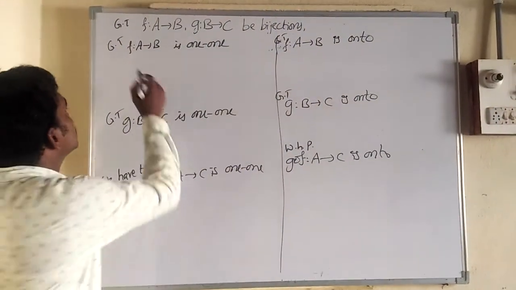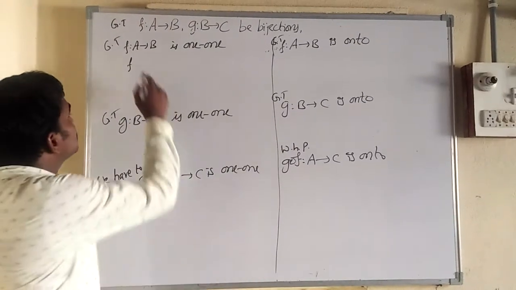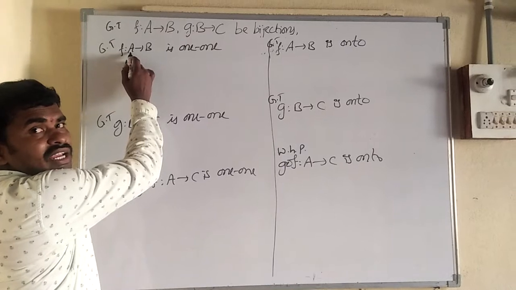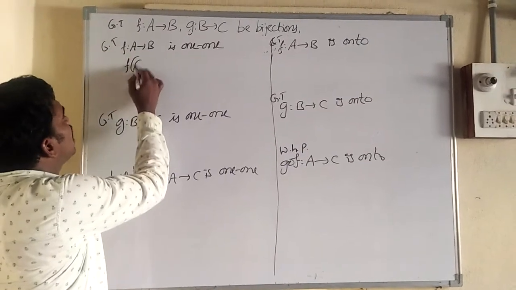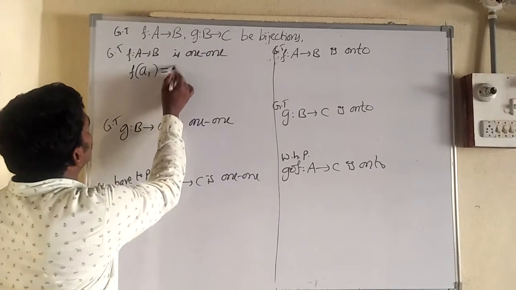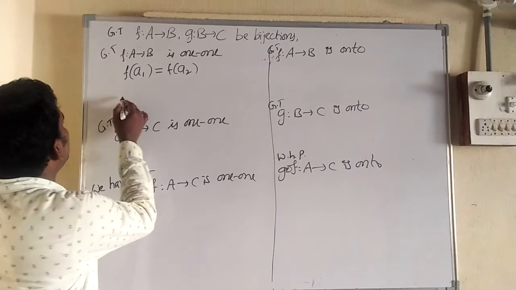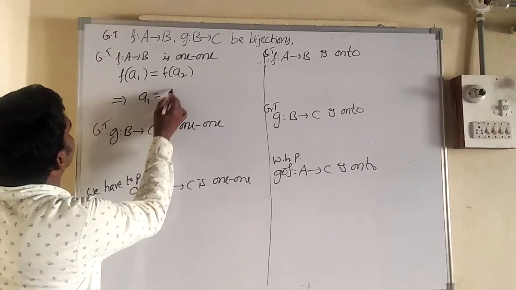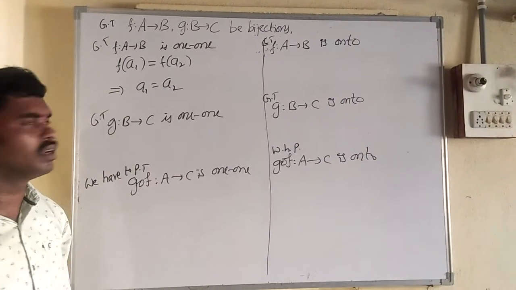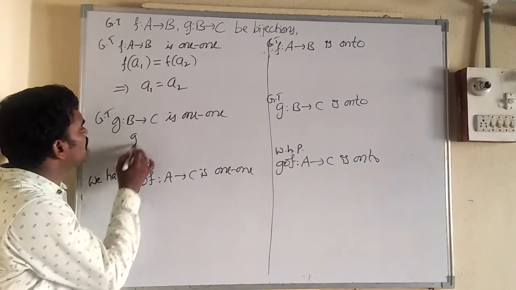Very simple. See here, what is the function? f. What is the first set? A. In A, I am taking an element a1 and another a2. If f of a1 equals f of a2, then a1 equals a2. This is called a one-one function. Similarly, what is the function here? g.